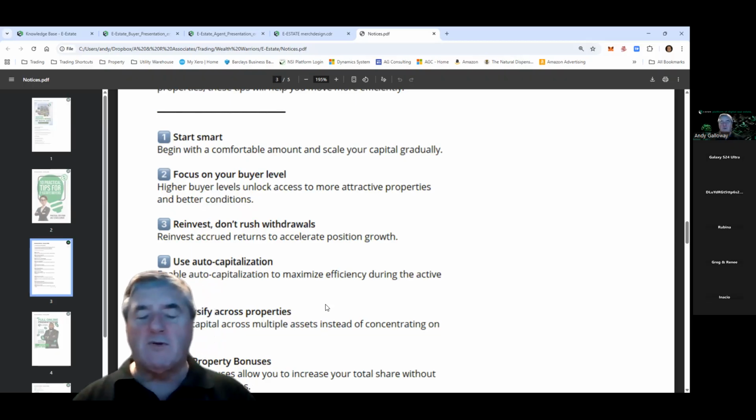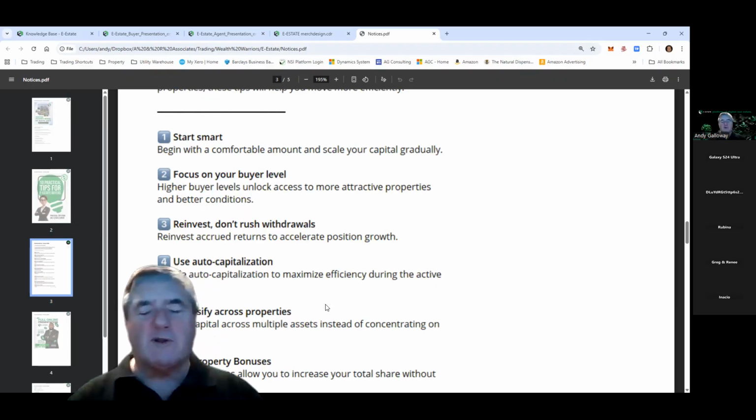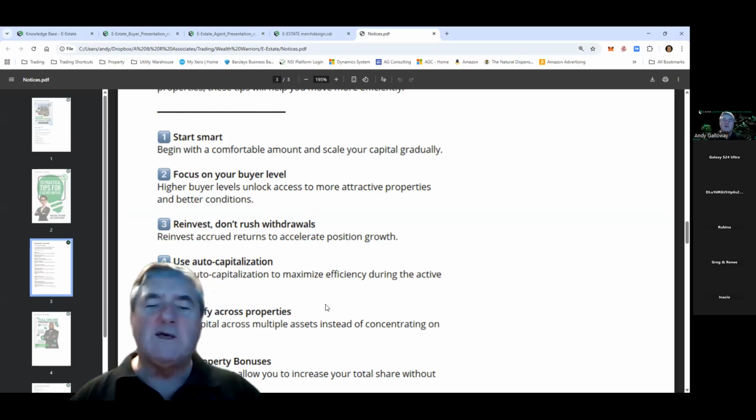That's based on two things, if you like, two options. One is, if you use auto capitalization, you get more of the property, but you don't have profits coming back into your e-wallet. And I realized fairly early on that when I show brand new people my back office, to talk to them about e-estate, they're interested in whether they can see what I've earned.